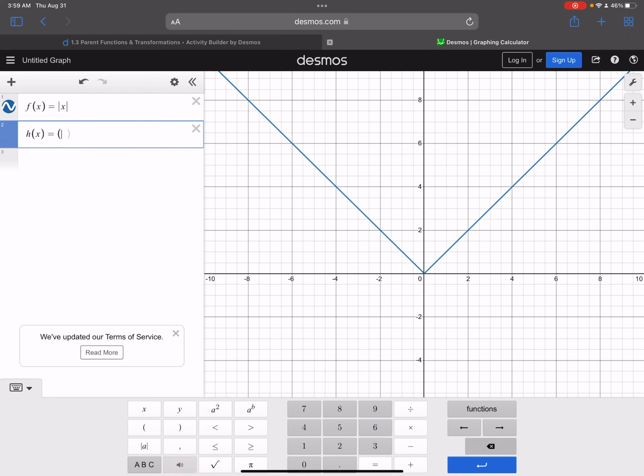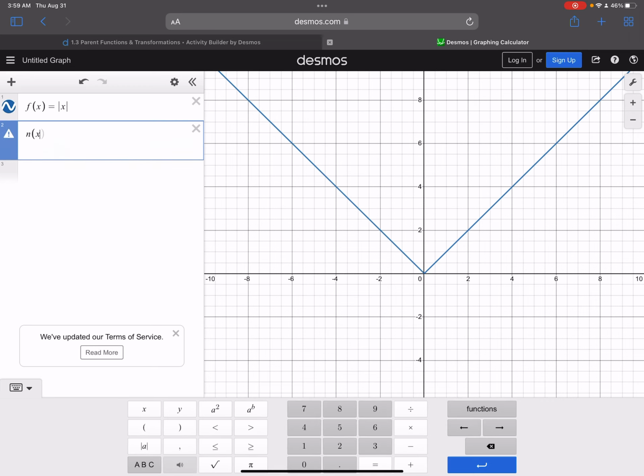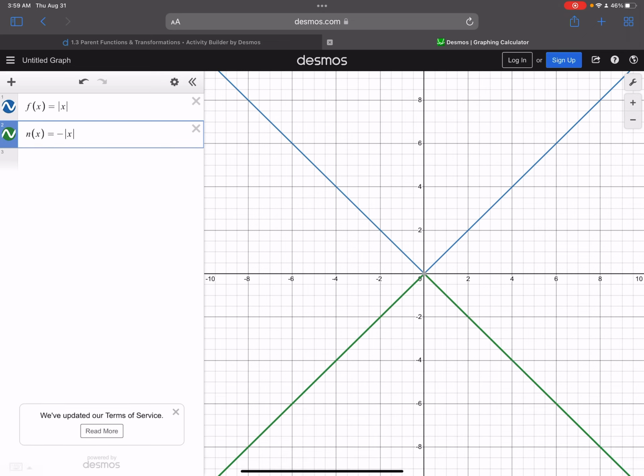And then we're saying n of x equals the negative version of that, negative absolute value of x. So again, from blue to green, this is a lot like that quadratic example we saw. I'm noticing that this is a reflection over the x-axis.